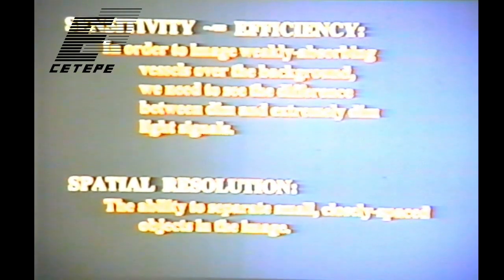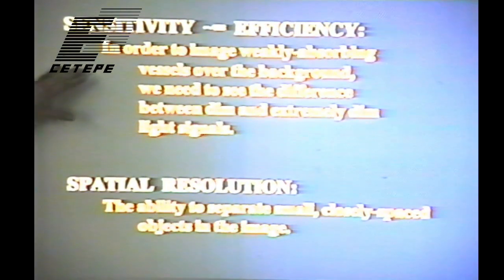But basically, if you have a weakly absorbing object or objects that are very similar to their background in terms of the X-rays that they attenuate, they're conceptually hard to image. You can't see the thing unless you have a very low noise, sensitive imaging system. So sensitivity means the ability to differentiate very small differences in light intensity.